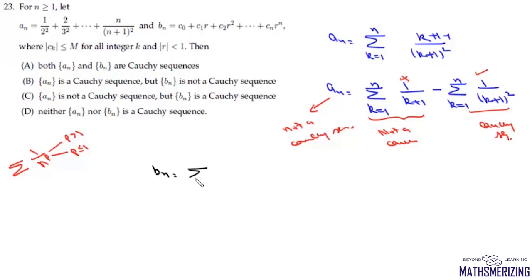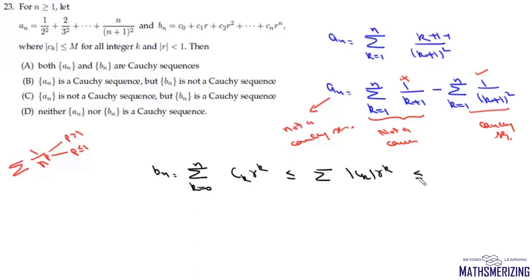We can write this bn as the summation, k varies from 0 to n, ck r to the power k, where mod ck is less than or equal to m. Now it will always be less than or equal to the summation of mod ck r to the power k.